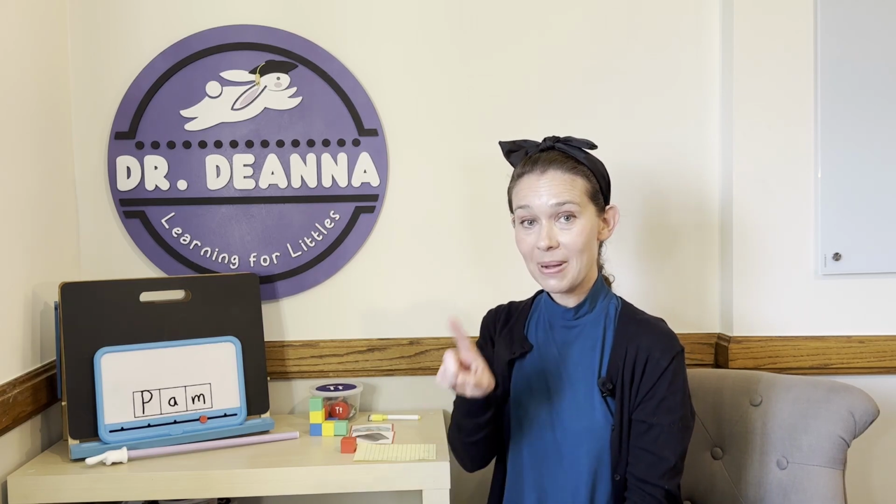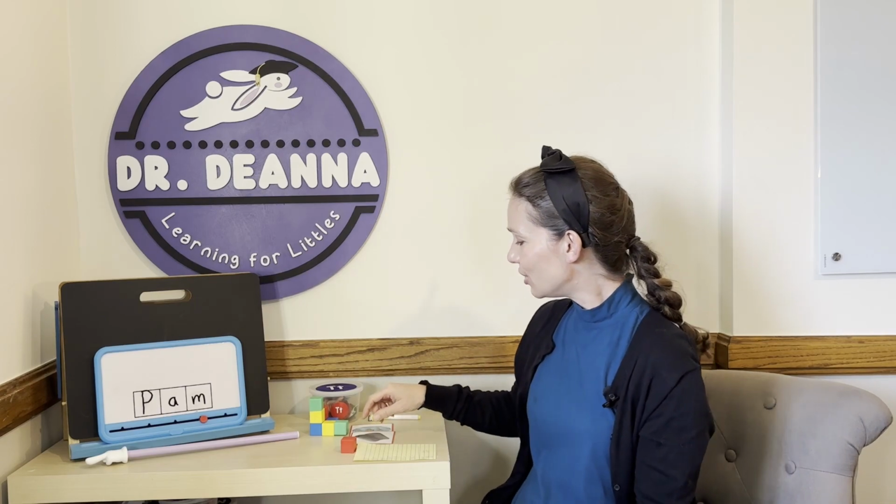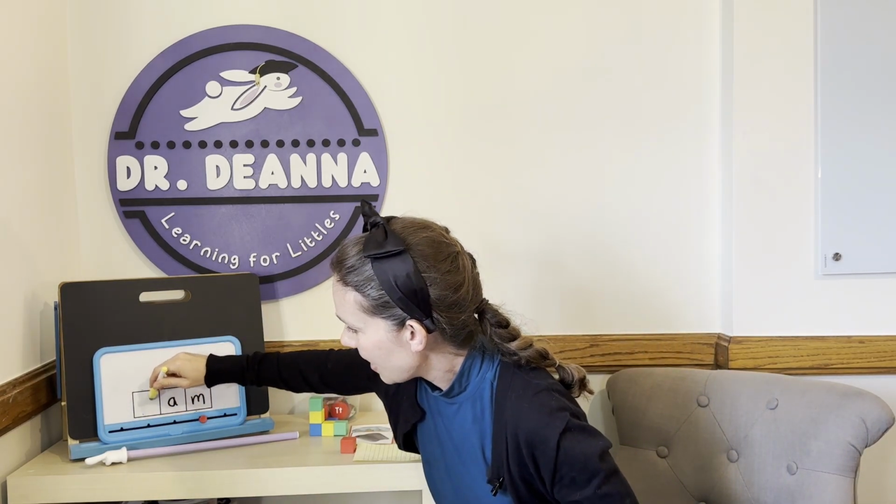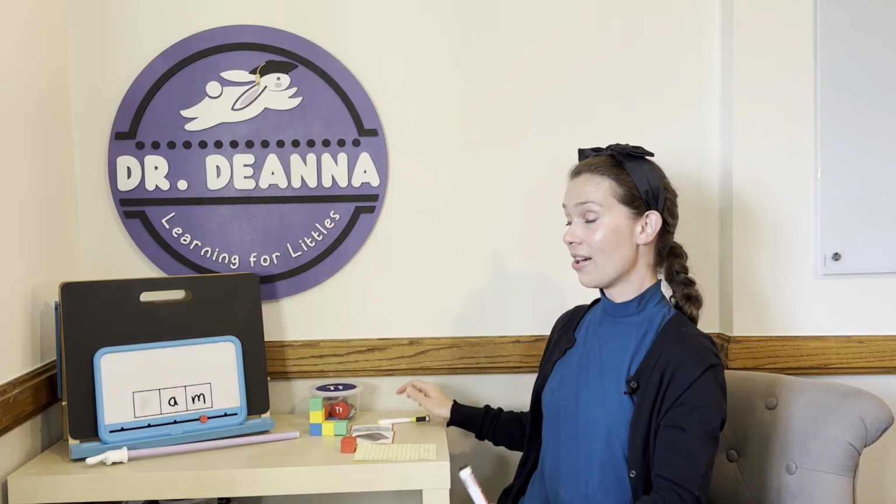Pam. Thumbs up. All right, but what if I see another friend whose name is Sam? Oh, that's super silly. I can make a whole new word by just changing one letter. So I know I can take the P off right there, and I hear a s at the beginning.